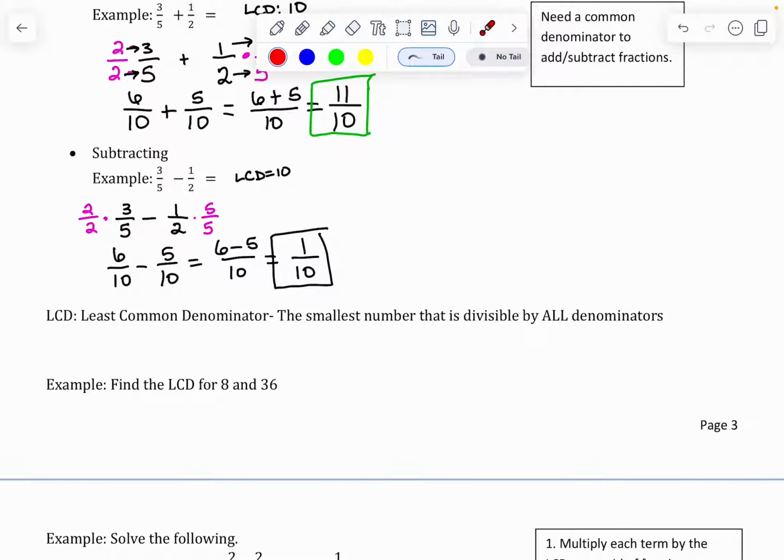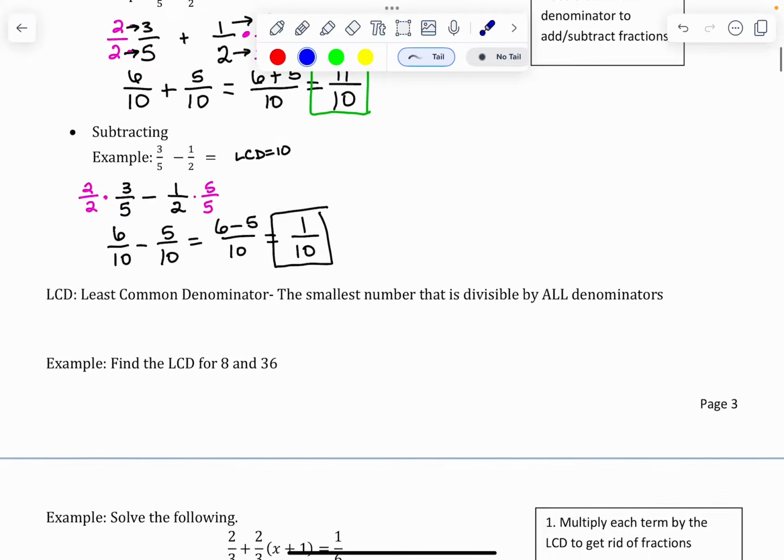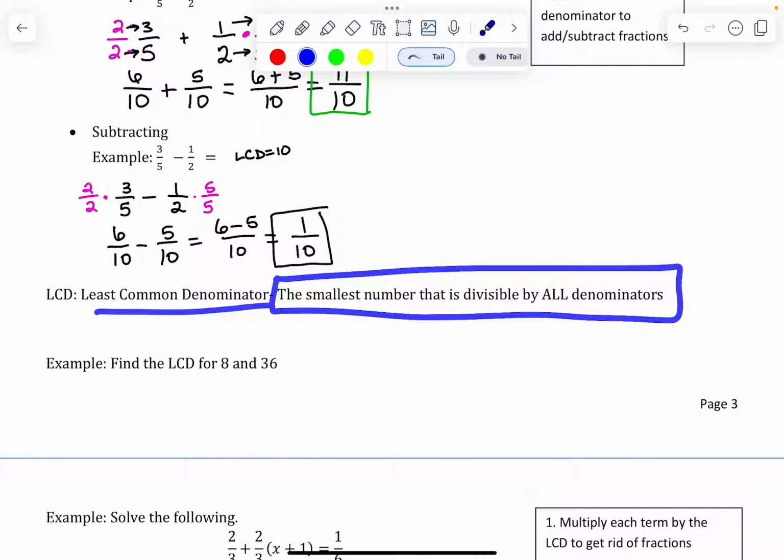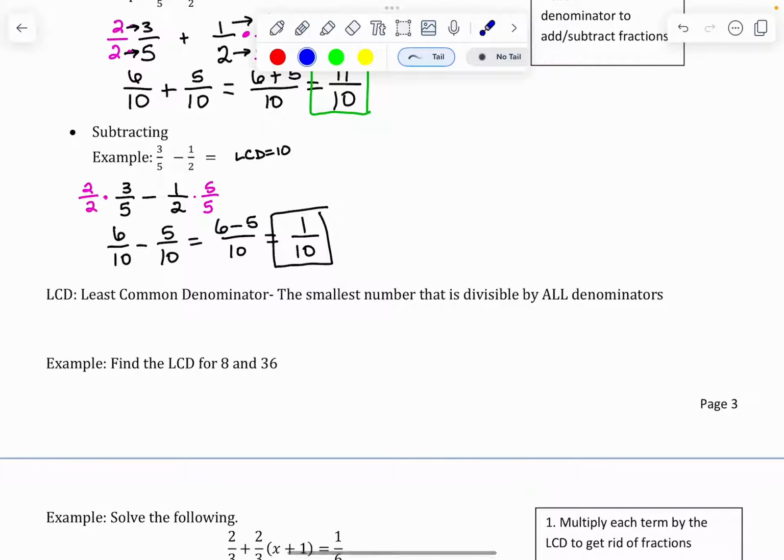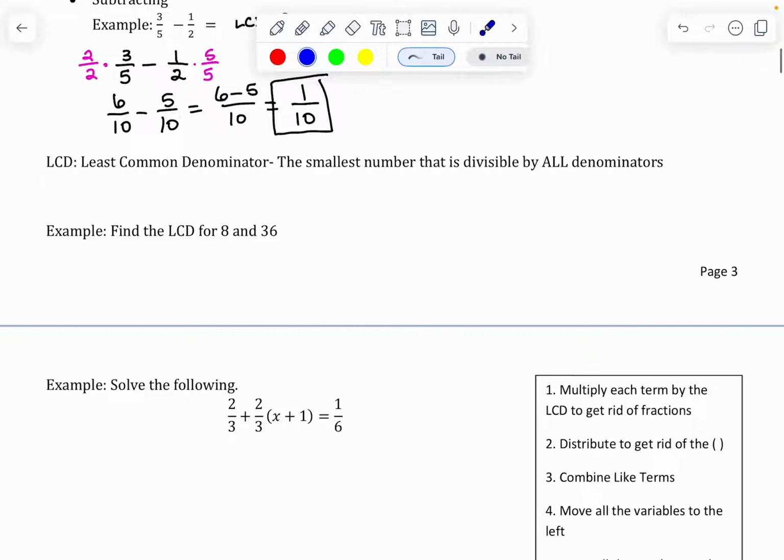So just for a quick definition review, the LCD is going to be the least common denominator, and that is the smallest number that's divisible by all denominators. So our next example says find the LCD for 8 and 36.